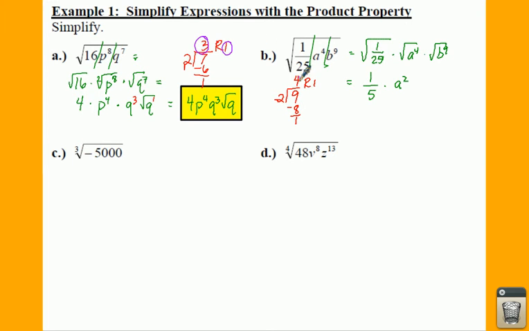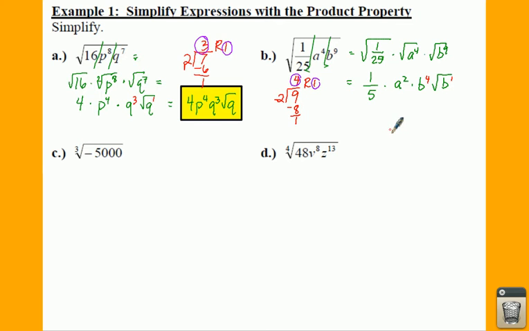So these are your numbers that are going to go on the outside. Remainder 1, that's going to be your b underneath. So you're going to have a b to the 4th on the outside, and then you're going to have a radical b to the 1st underneath.